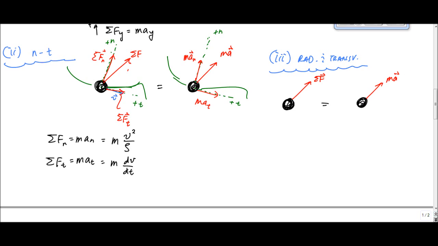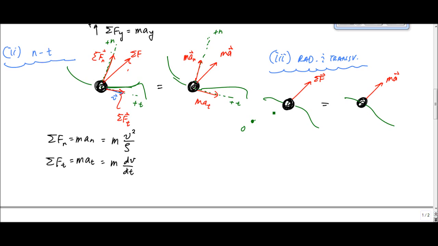And now, just like the Cartesian coordinate system, the radial transverse also needs an origin. So here's this path that the particle was traveling on, and here I have the origin of that coordinate system. My positive radial direction is defined as from the origin to the particle.